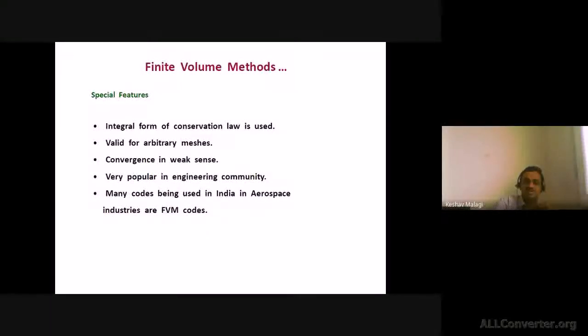And this you can solve on arbitrary meshes, whereas in finite difference we had to rely on a nice structured mesh. Finite volume can handle arbitrary meshes. And convergence here is in the weak sense, that is, in the integrals. So you have a typical mathematical property which says it is a weak convergence. These are very popular in the engineering community because we can handle more complicated geometries in a much easier way compared to the finite difference method. And of course, many of our Indian aerospace codes are based on this FVM.